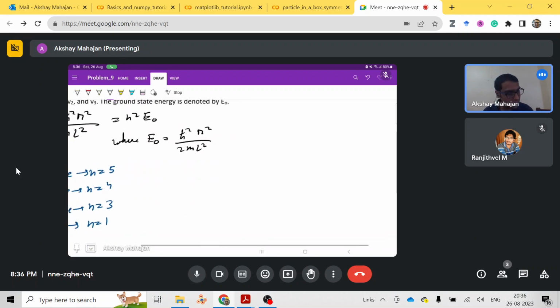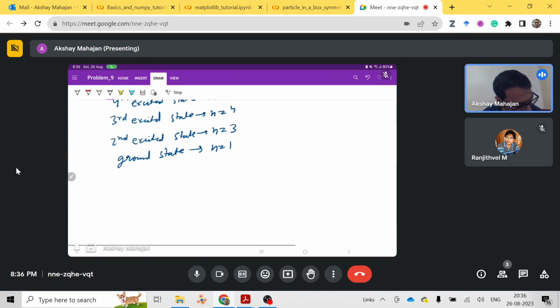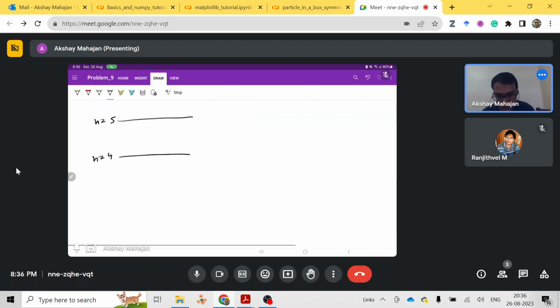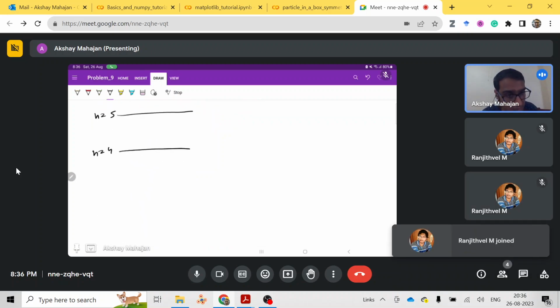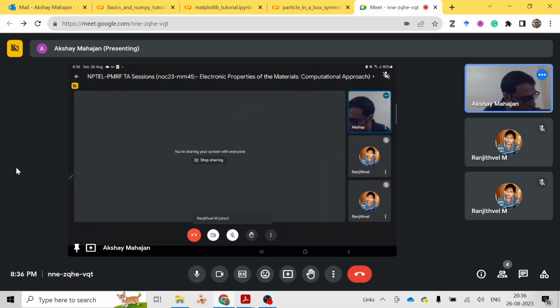Let's see what is given in this problem. Let me make this n equals 5, and we will have some subtraction, so we have our energy level n equals 4. Okay, like this.